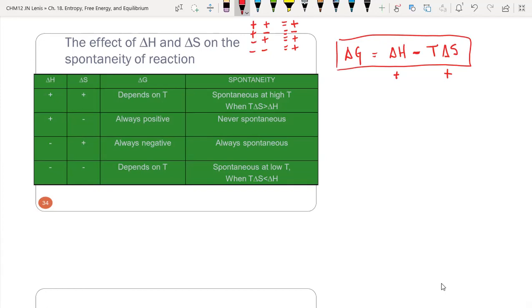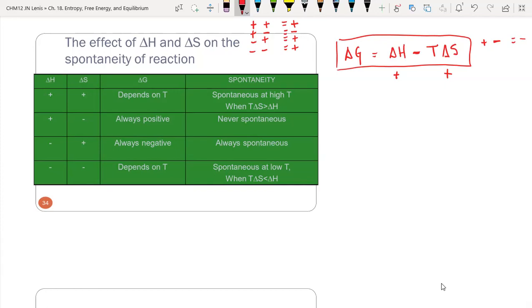So let's analyze. Plus minus plus, which is negative. What do you get here? Remember, we're looking for minus. Is there a chance that this term here becomes negative? Well, it depends on the value of this, right?